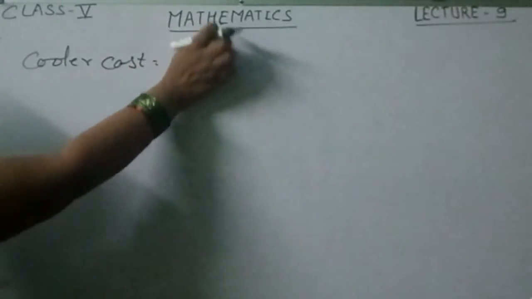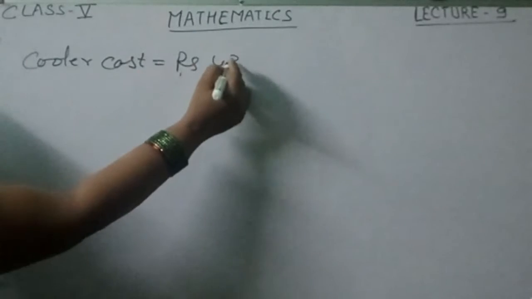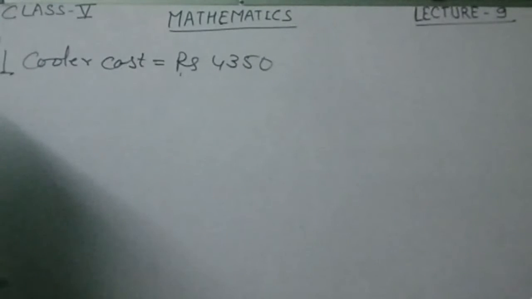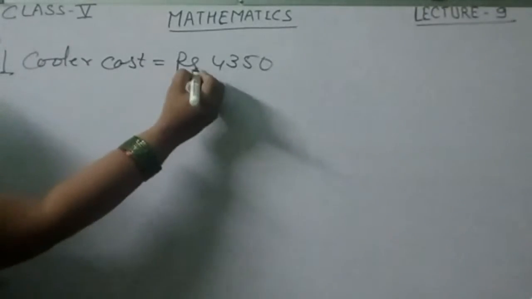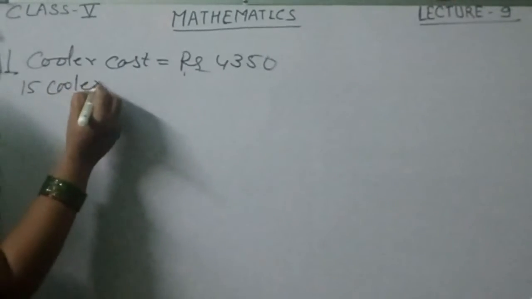One cooler costs 4,350 rupees. And you have to find, if a hostel purchases 15 coolers, what would be the total cost of the coolers? One cooler cost is given; you have to find the cost of 15 coolers.